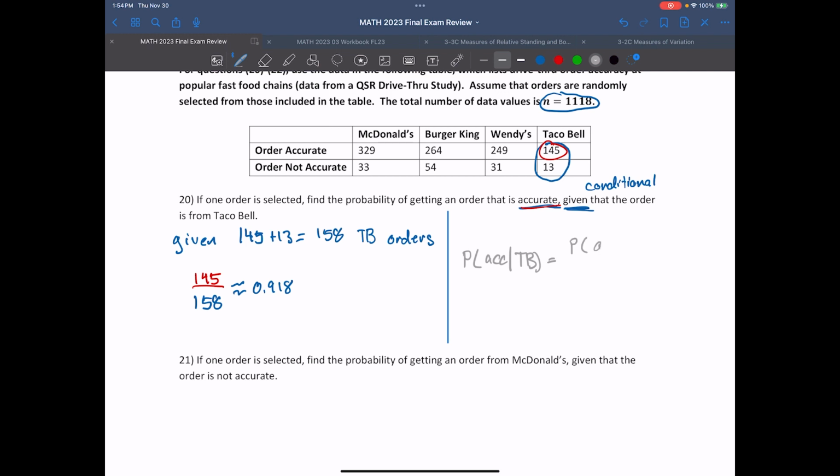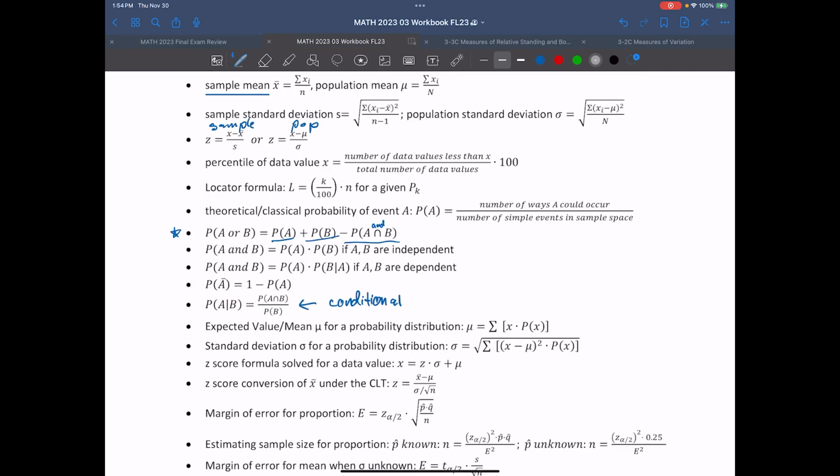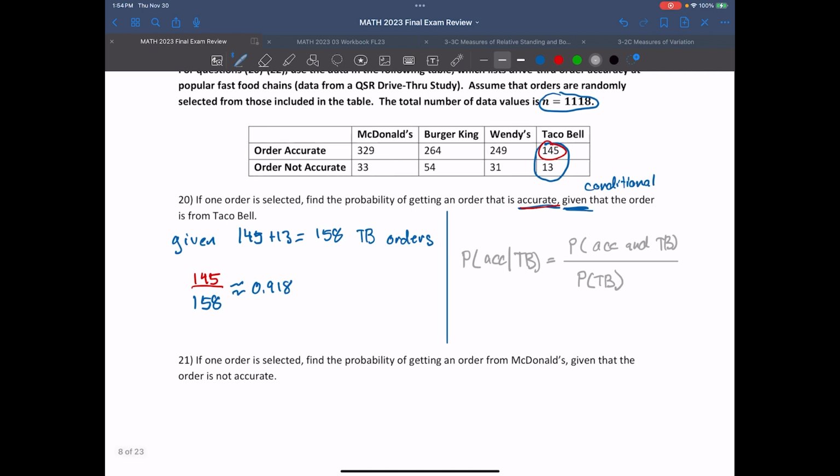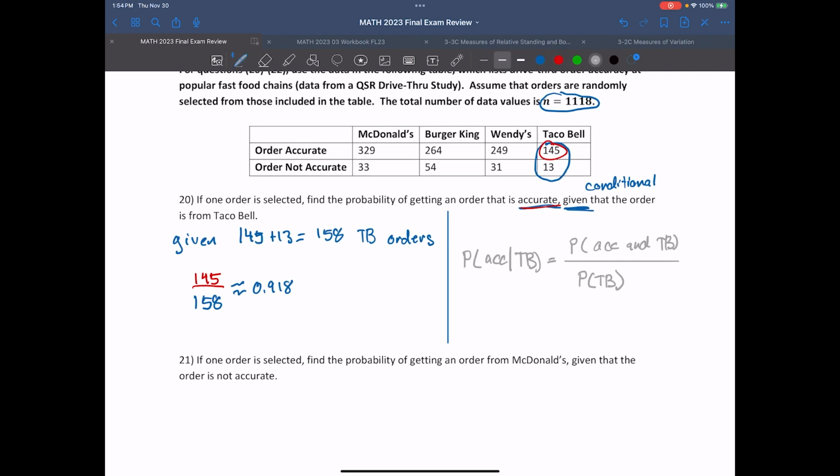So the probability of accurate and Taco Bell, and then it's going to be divided by the probability of just Taco Bell, just referring to this formula right here, where B is the event we're conditioning on. So you could kind of think of that bar as a fraction, even though it's not.